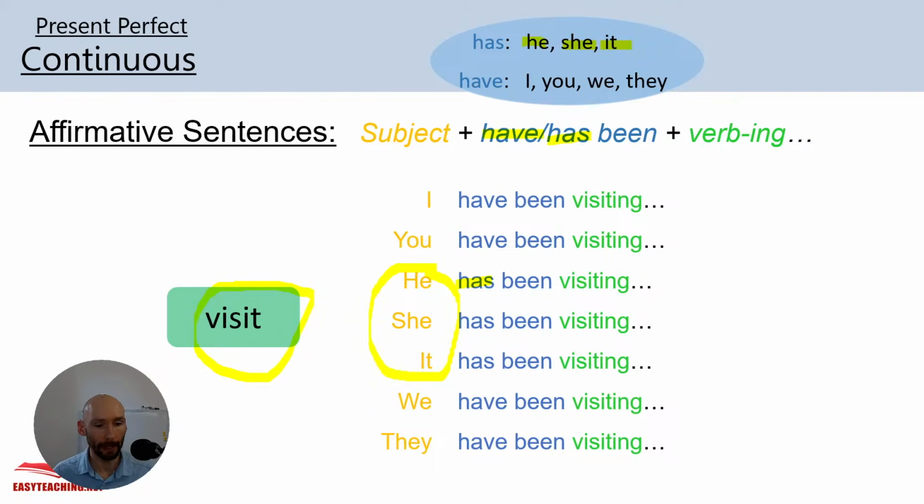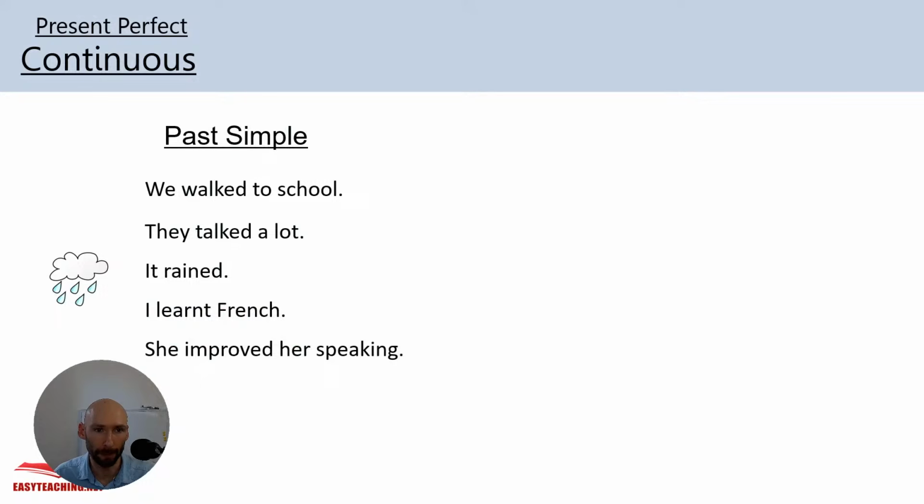Okay, now that we've had a look at the structure of an affirmative sentence, let's see if we can go ahead and start forming some affirmative sentences. We're going to do that by turning these past simple sentences into present perfect continuous sentences. For example, the first sentence in past simple, we walked to school.